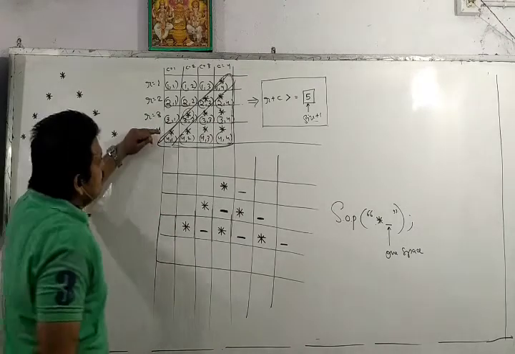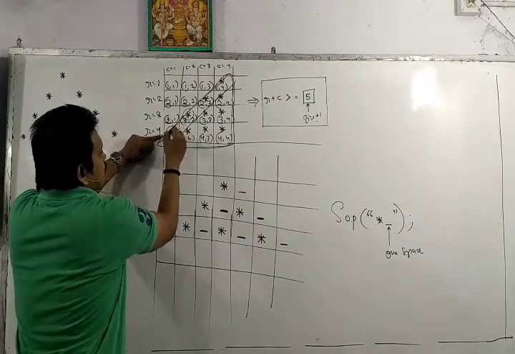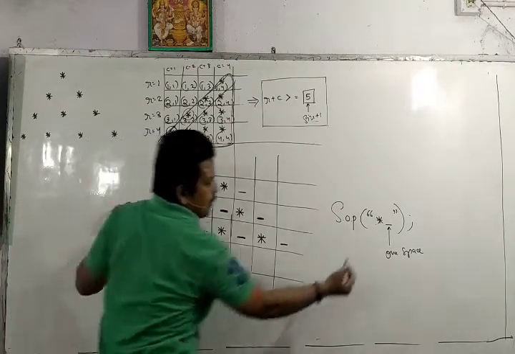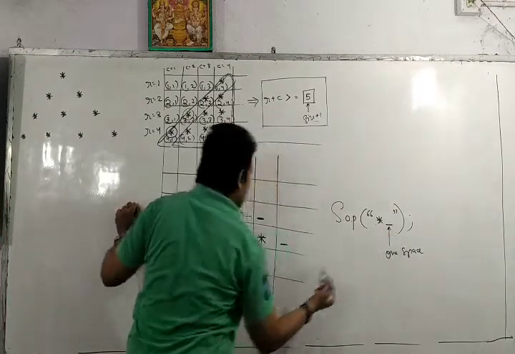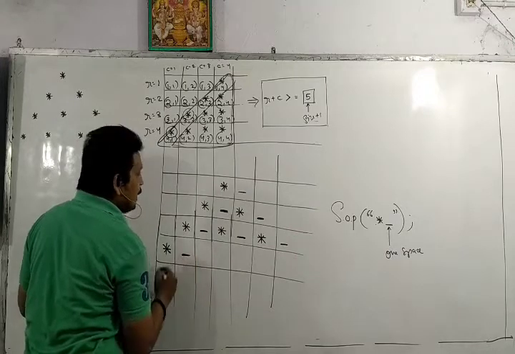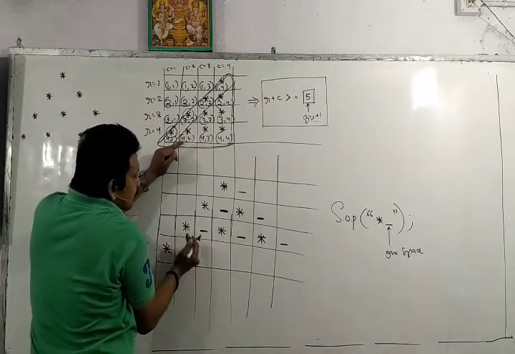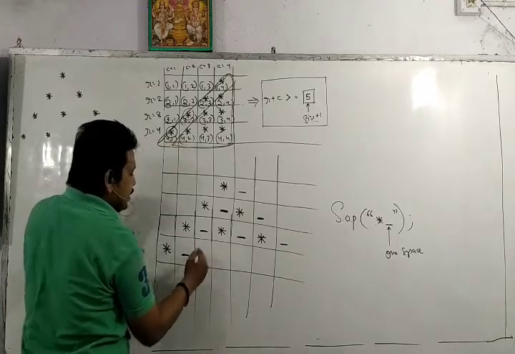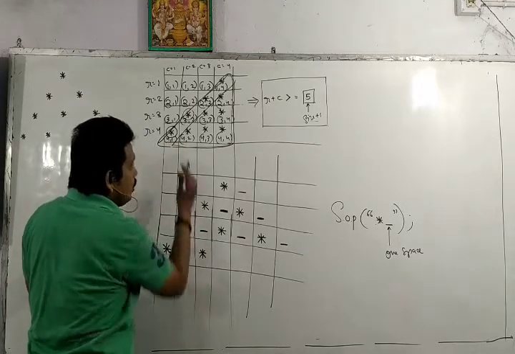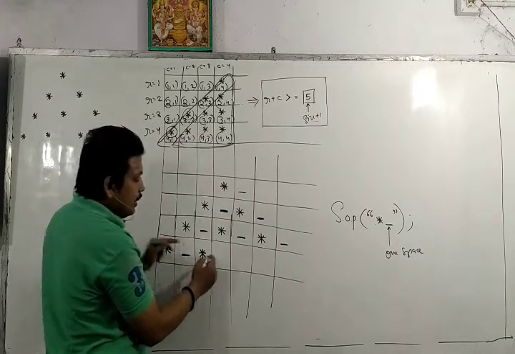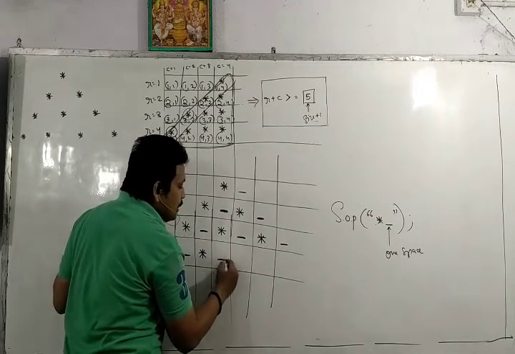Then focus on this star. The star got printed and we have printed one space, so this star will be shifted towards the right side. When this star is printed, one space will also be printed. Why?